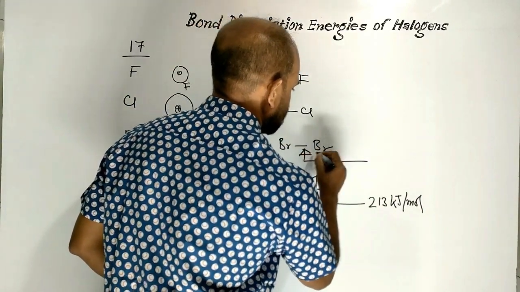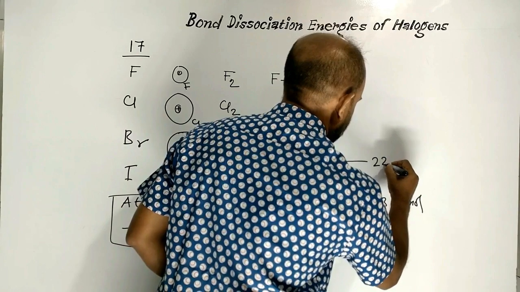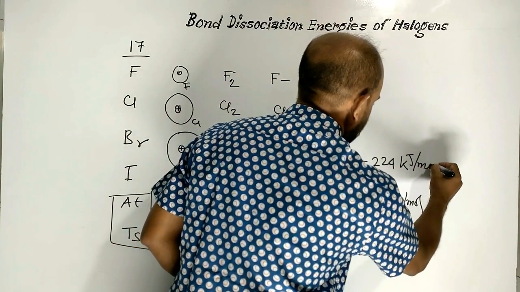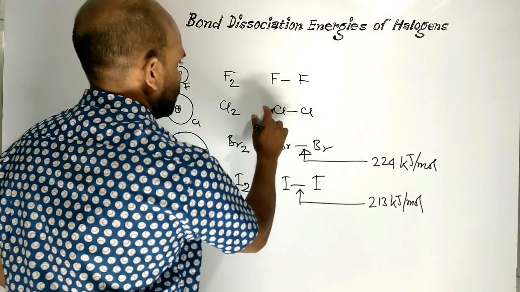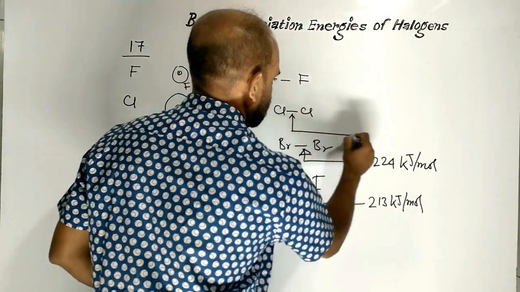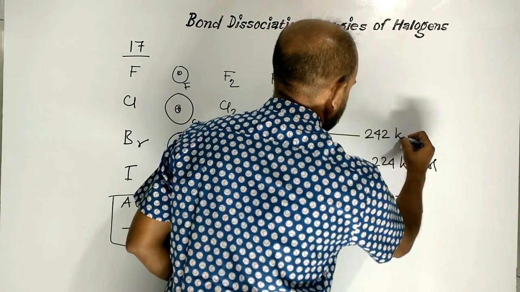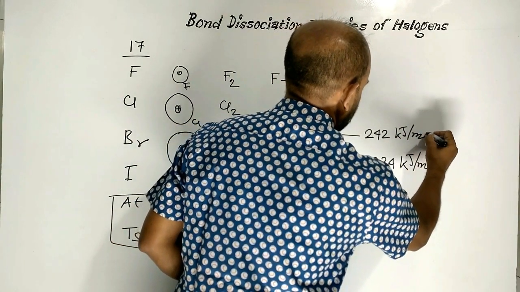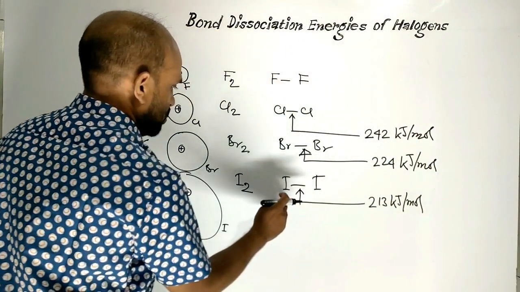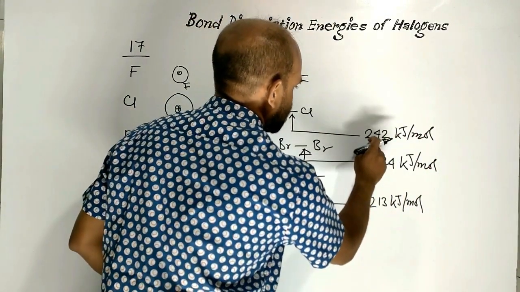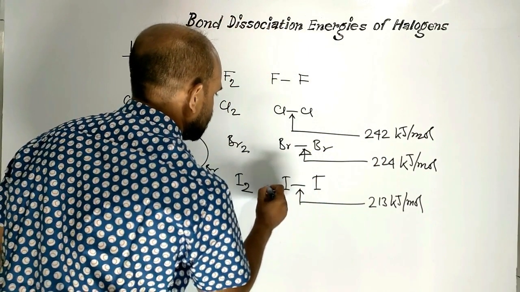From bromine, this is 224 kilojoule per mole. For chlorine, this is 242 kilojoule per mole. From bottom to top, bond dissociation energy increases.